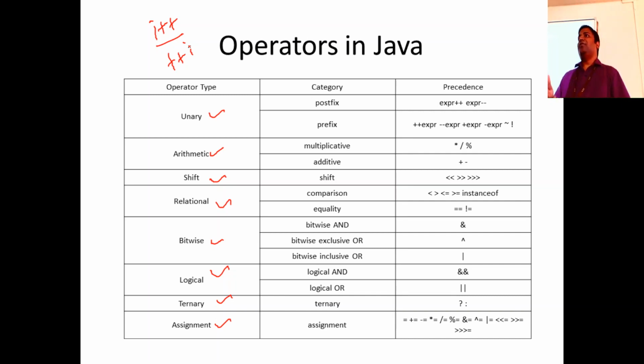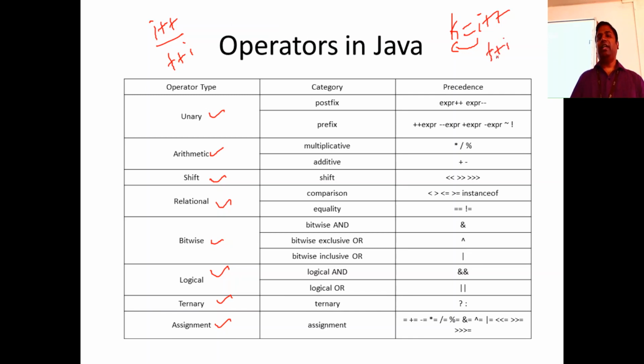Will the assignment happen first and then the increment happens next, or the assignment happens after the incrementation? When I do k is equal to I plus plus, the assignment of I happens to k first and then the increment happens. That's the rule, right? When I use plus plus I, the pre-increment operator, first it gets incremented, then the assignment happens to k. These things we have already seen in our other courses. The same condition applies here.